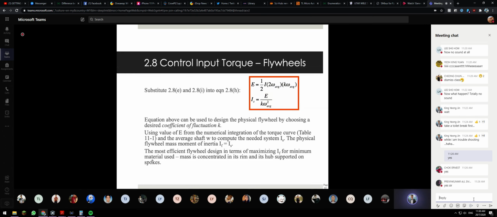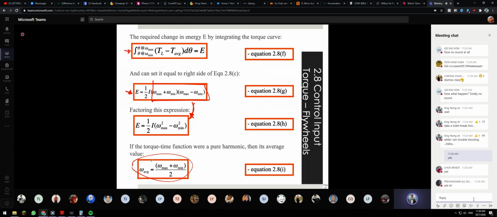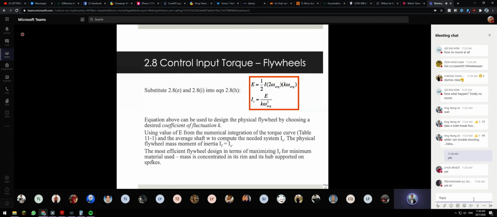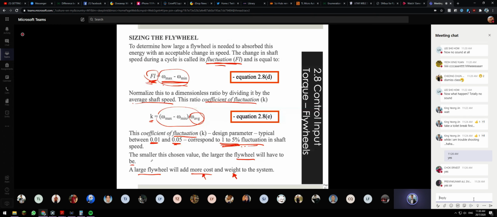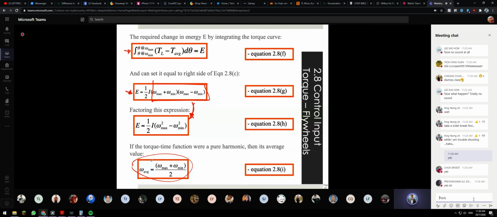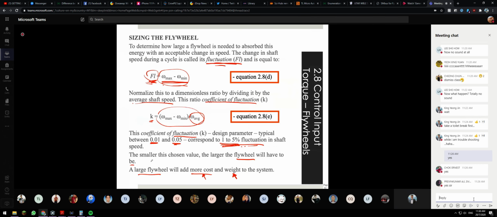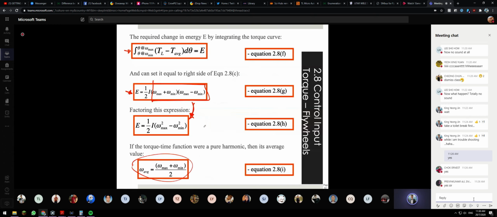So what we do is the substitution. What you can see here is omega max minus omega min will be k omega average, remember, so that's why we get this.